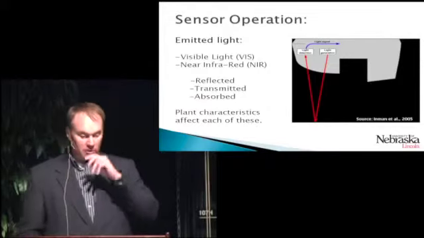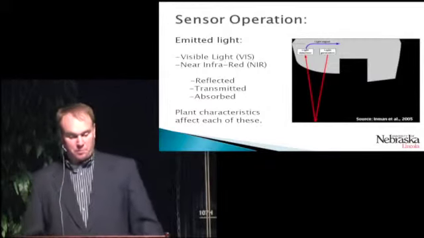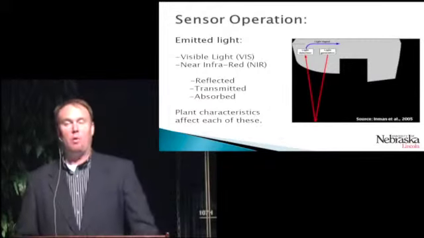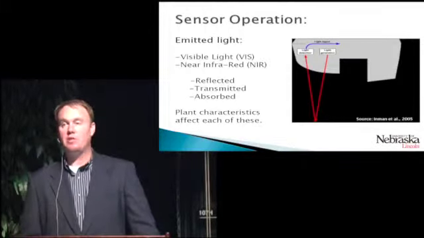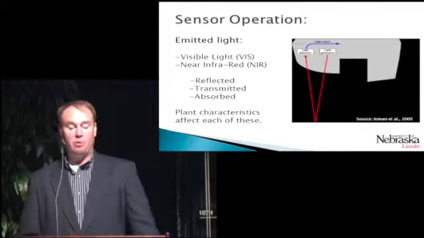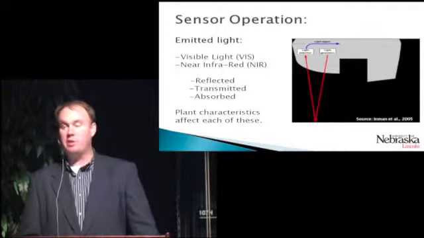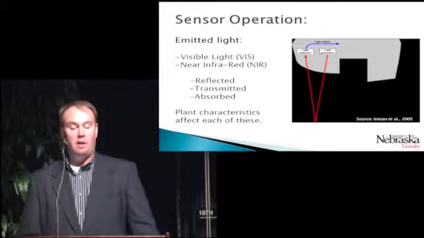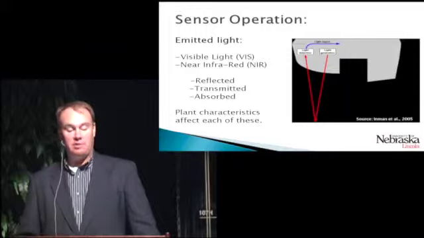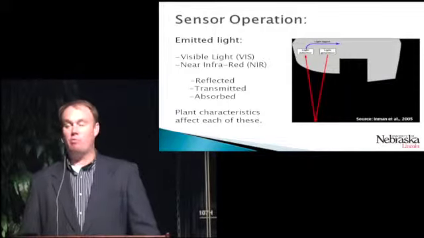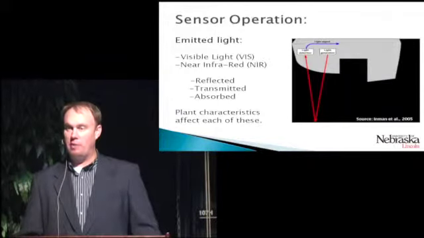So one of the things we've been using are crop canopy sensors. How I've used them in the past is determining nitrogen status of the crop, and they do a really good job. Basically they emit both a visible and a near infrared wavelength down to the crop canopy, and then that light can either be reflected, transmitted, or absorbed by the plant, right?